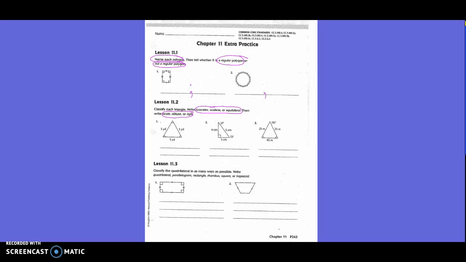So for number 1, you will have 3 things that you identify it as. Number 2, you will have 2. And then, of course, we'll use those things above it to help you do that. Okay? All right. Next page.